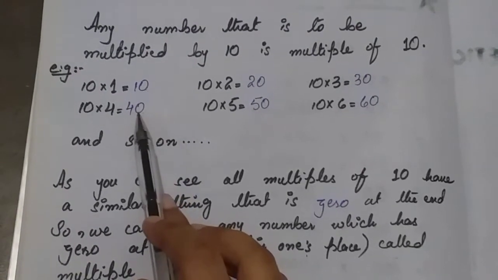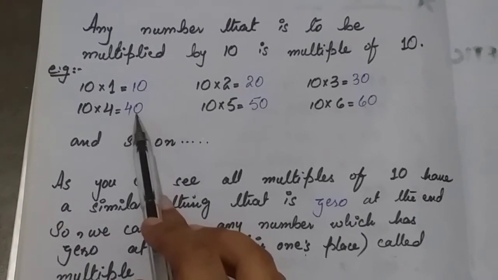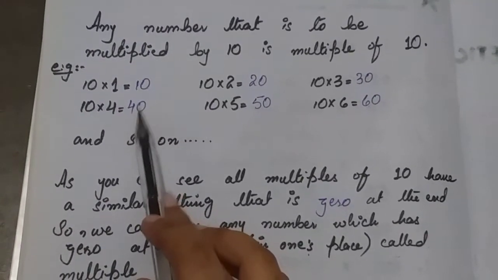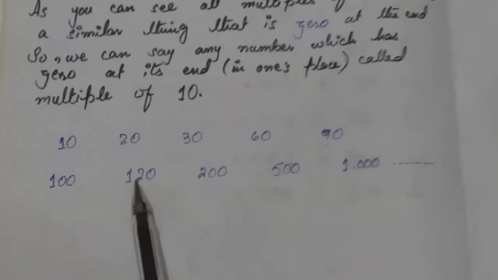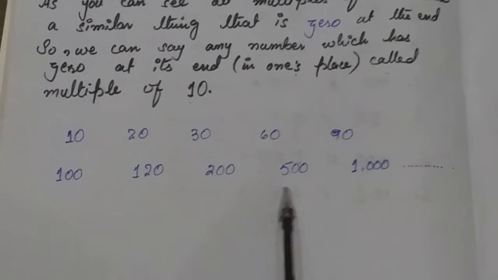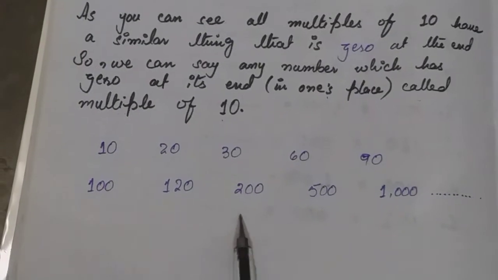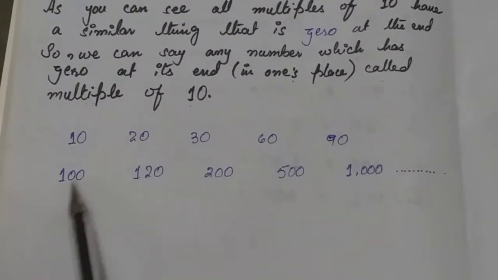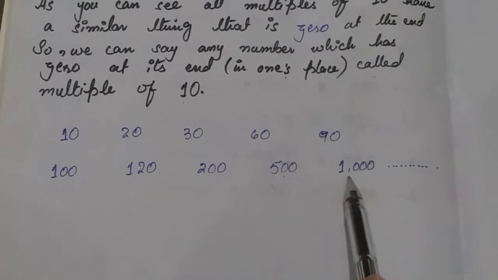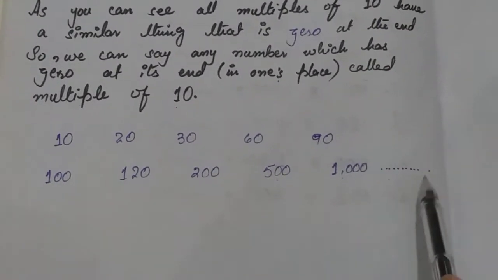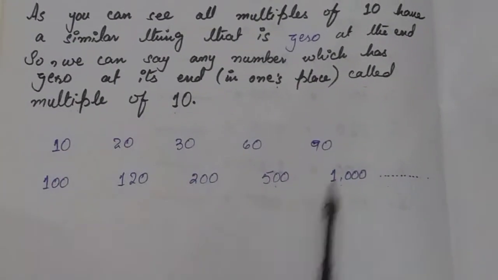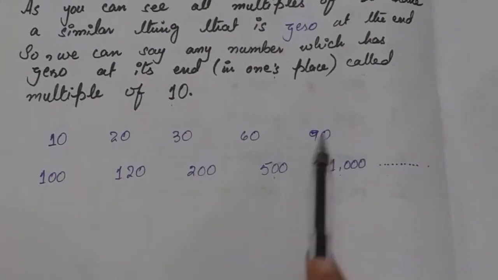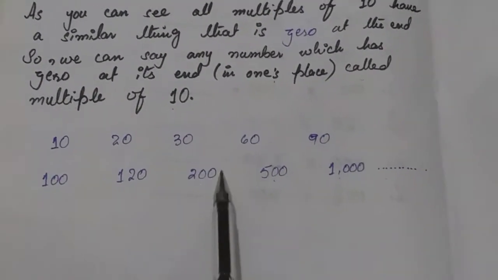So we can say a number that has a 0 in the ones place will be a multiple of 10. Here are some more examples of multiples of 10: 20, 30, 60, 90, 100, 120, 200, 500, 1000, and the list continues. You can see in all these numbers we have 0 in the ones place. So these are the multiples of 10.